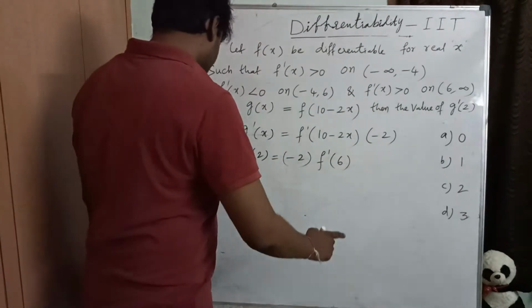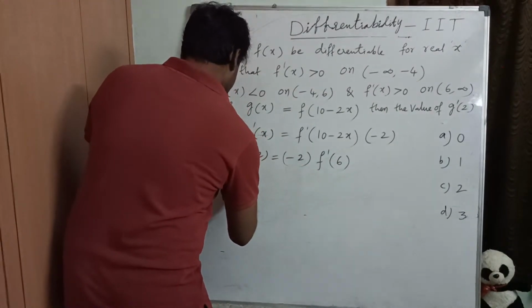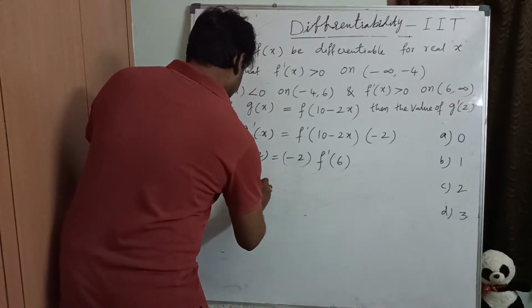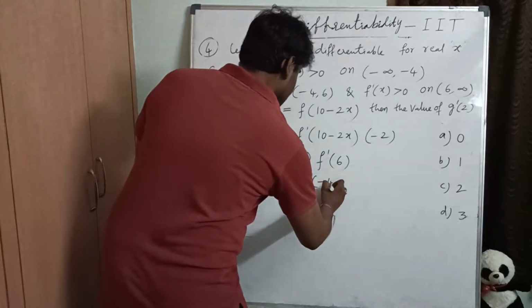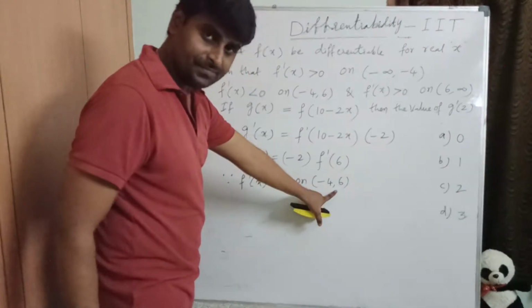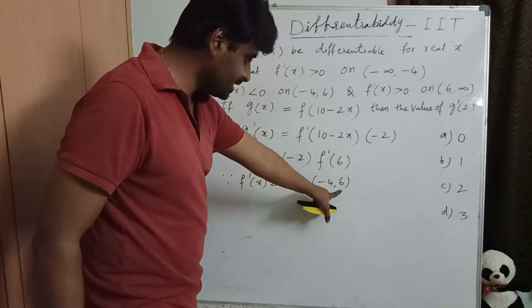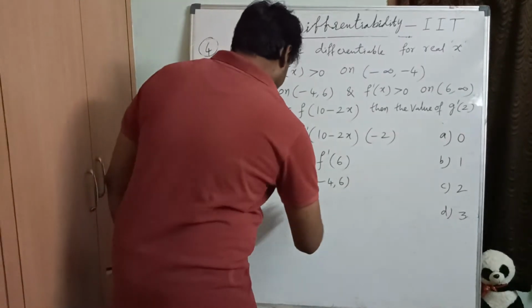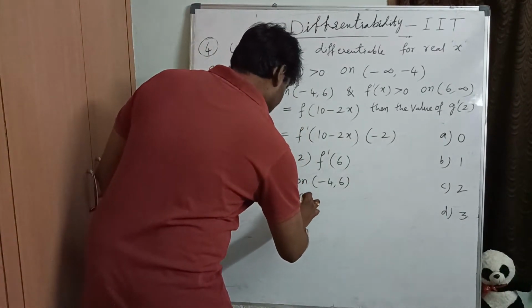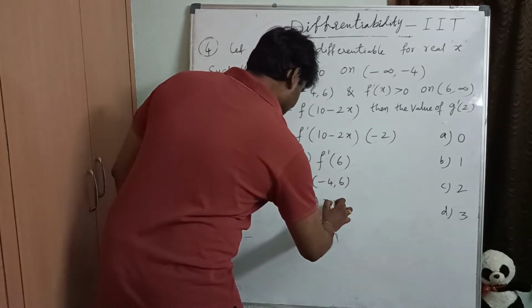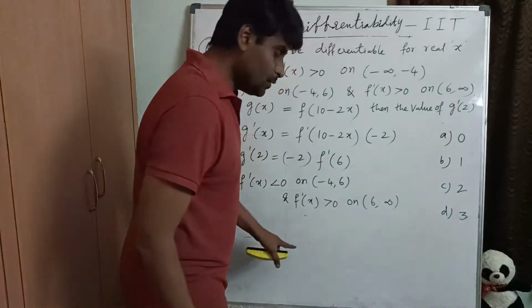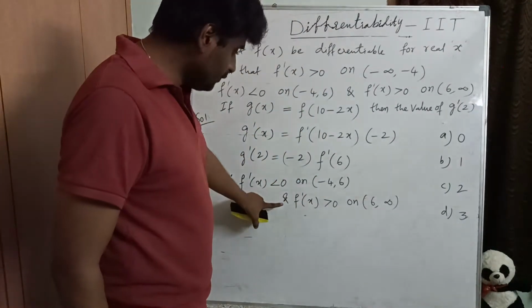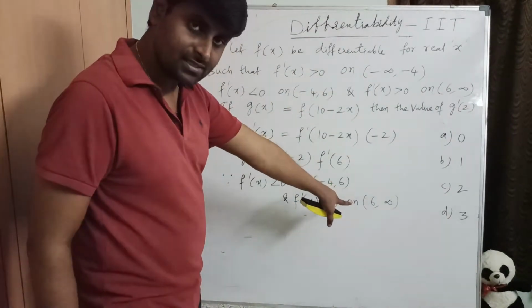Since f dash of x is less than 0 on minus 4 to 6, an open interval, at 6 the derivative is 0. And f dash of x is greater than 0 on 6 to infinity. That means the derivative at x equal to 6 is 0.